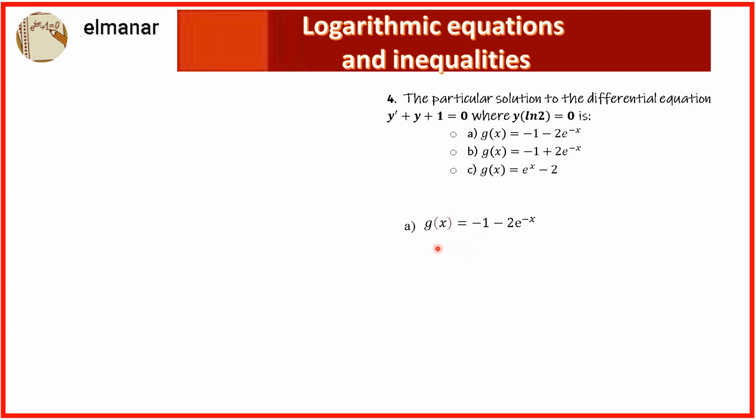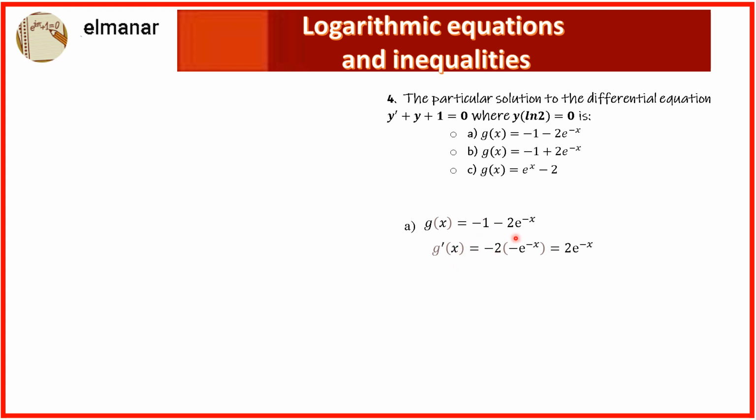So, to verify the differential equation relationship, we will take g of x for each option individually. I have a. Let us take g of x equals negative 1 minus 2 times e to the power of negative x and differentiate it. Y prime is the derivative of g of x. So, g prime of x equals the derivative of negative 1, which is 0.